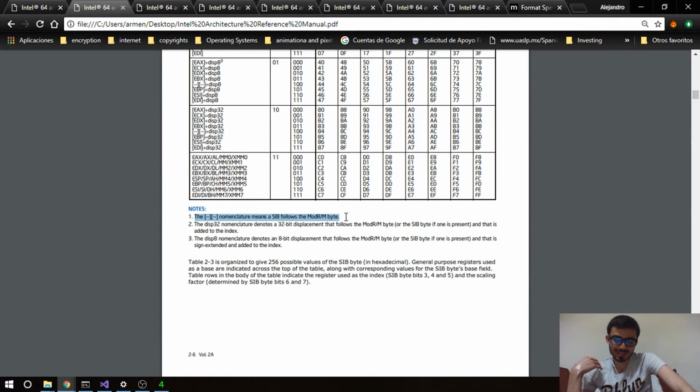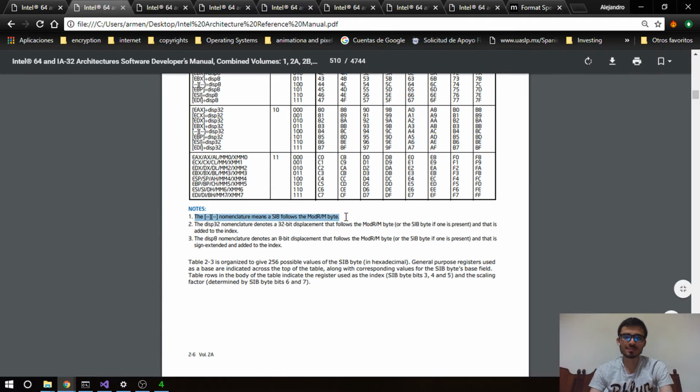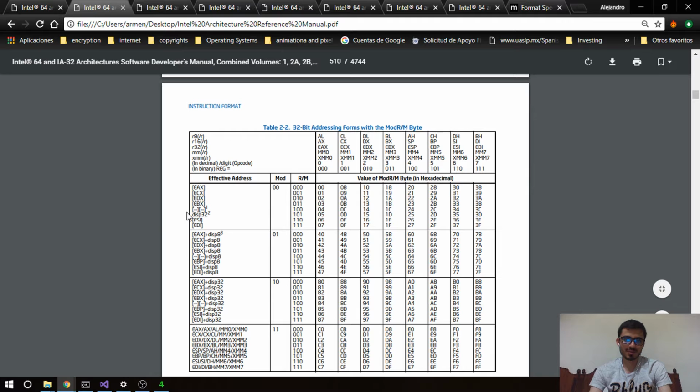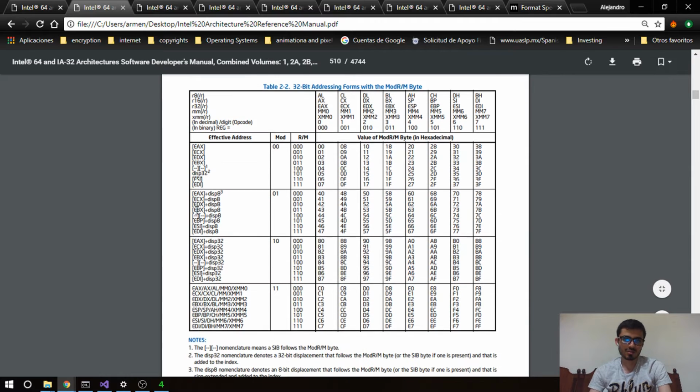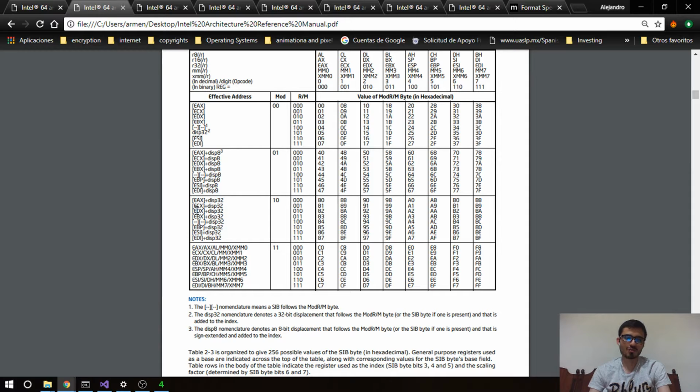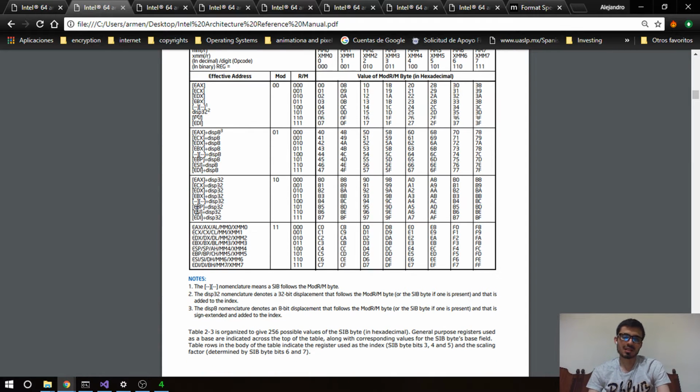Yeah, as I told you, you just need a new day and a fresh day to start with the right foot. As you can see here, SIBs are encoded in these ways of the ModR/M, so this tells us that the ModR/M byte is the one in charge of telling us that a particular SIB is present after it.